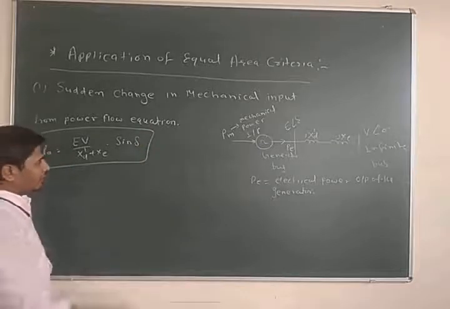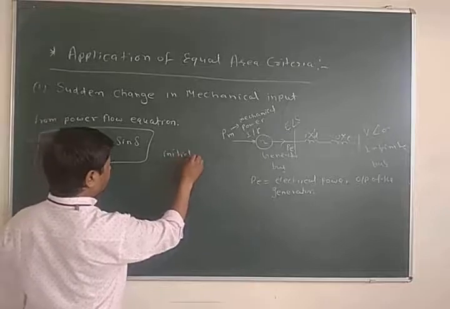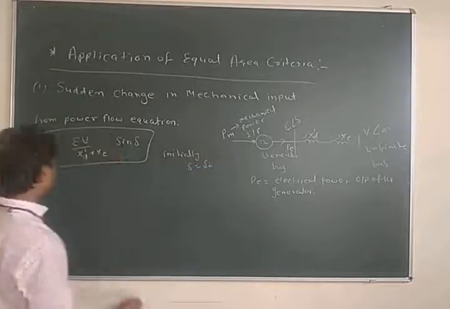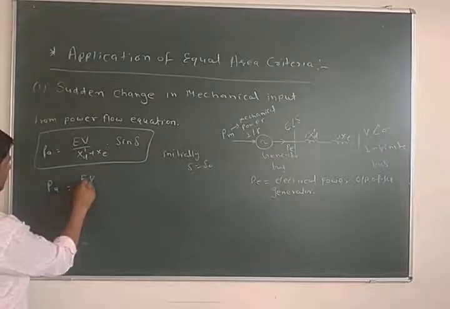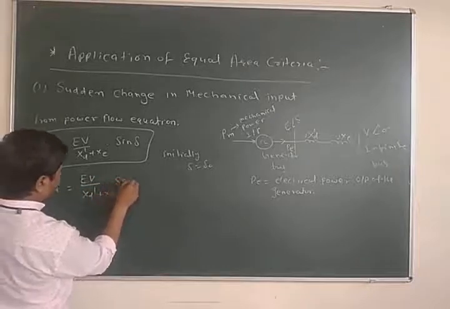Initially delta is equal to delta 0. So we can say accelerating power is EV upon (xd dash plus xt) sin of delta 0 from the power flow equation.